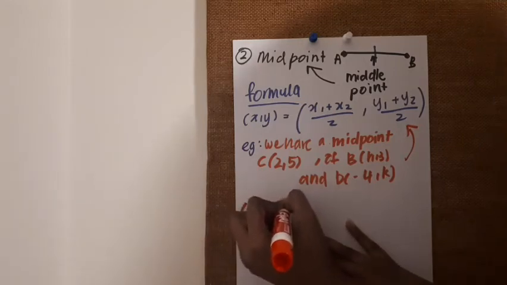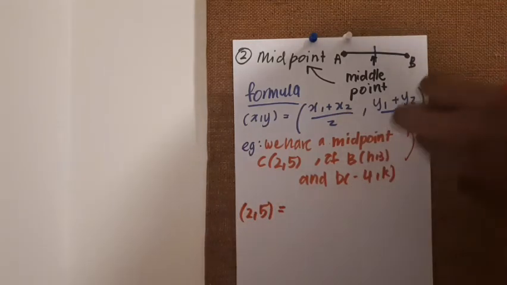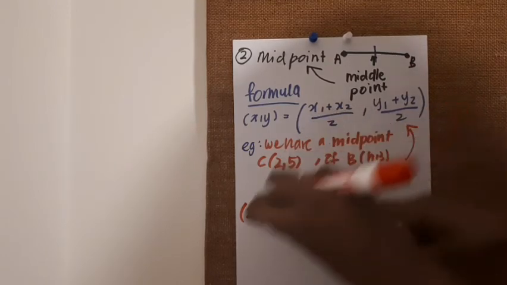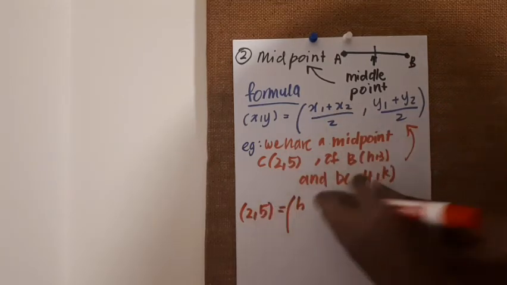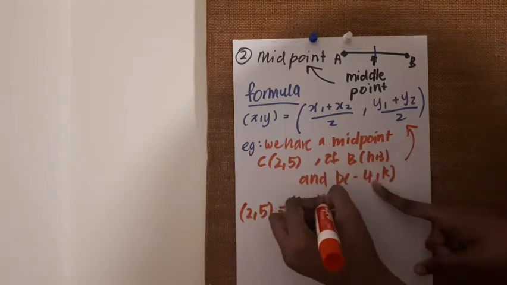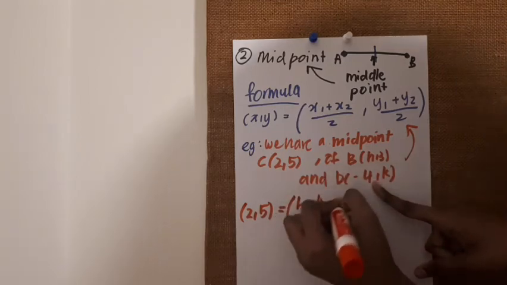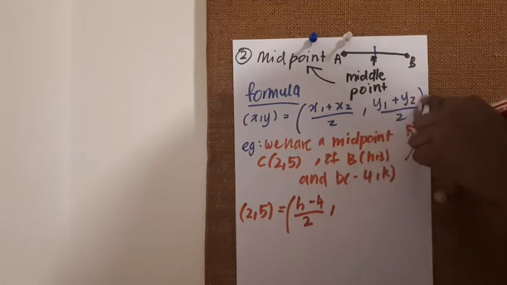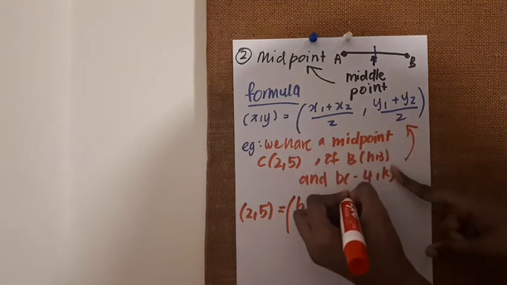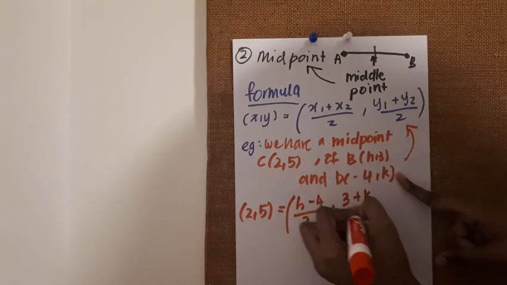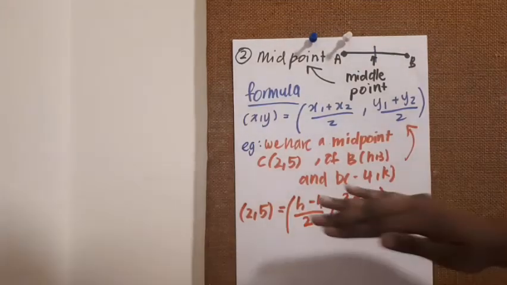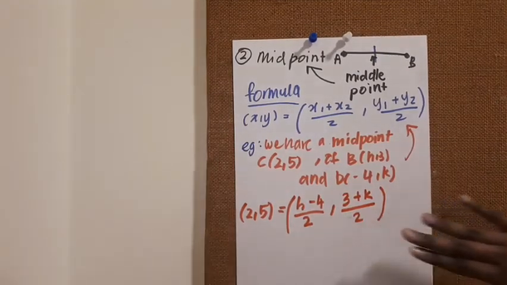The formula is (x1 plus x2) divided by 2, where x1 is h and x2 is negative 4, and (y1 plus y2) divided by 2, where y1 is 3 and y2 is k. This is the information given.